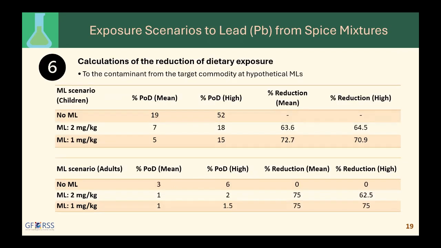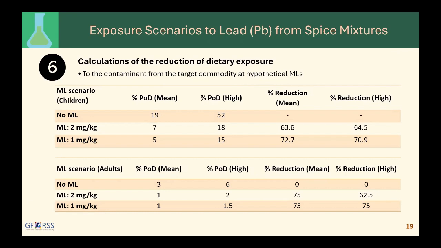Then I calculated my exposures, and I'm doing my risk characterization step. What is my risk characterization step here? I'm checking, when I apply an ML of 2 or when I apply an ML of 1, how much I am reducing the contribution of spice mixtures to the exposure to lead.